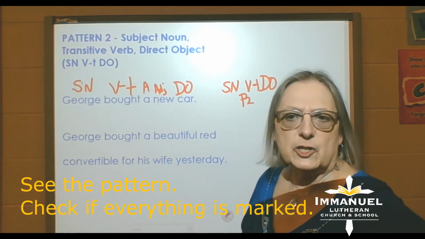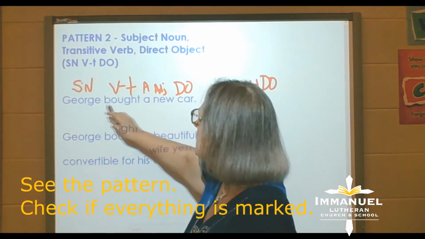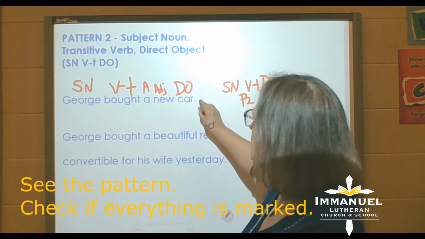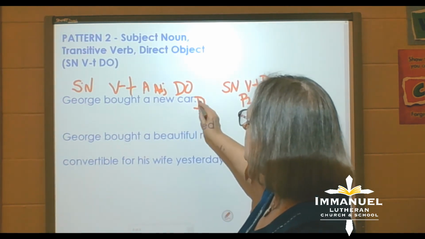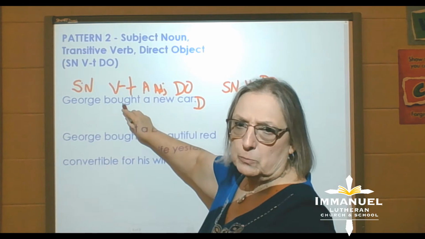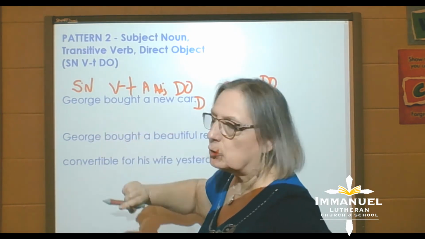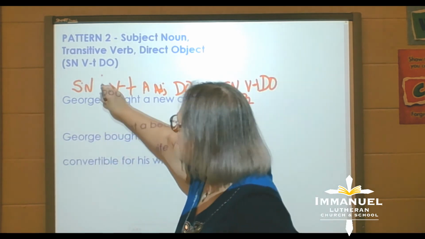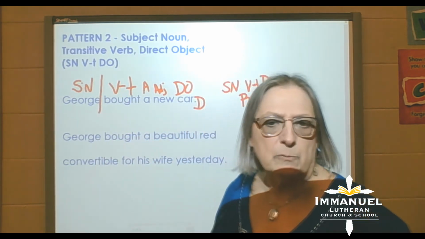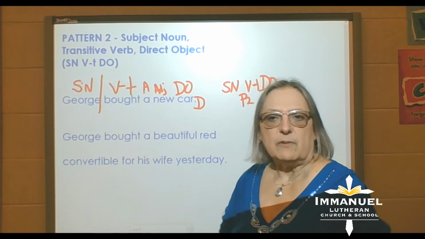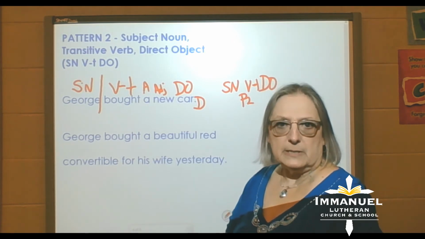Now we're going to check, is everything marked? Yes. Period, statement, declarative sentence. Go back to the verb. Is there an adverb exception? Is there an adverb right in front of the verb? No. Slash to separate subject from predicate. And there we have a basic pattern 2 sentence.